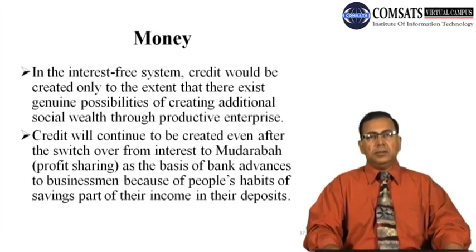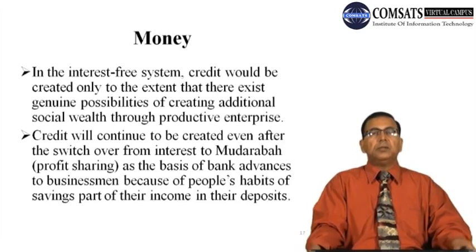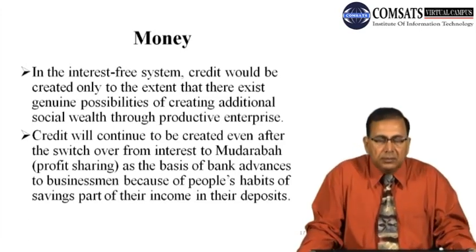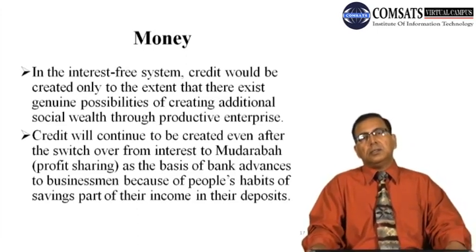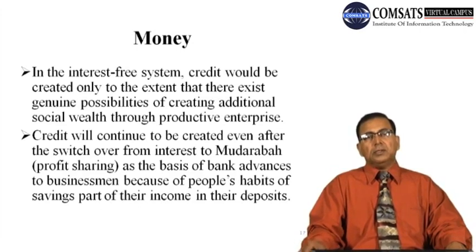This concept of money is neither similar to the Keynesian system of money demand, nor is it similar to the Friedman system. In the Keynesian system, the speculative demand for money is negatively sloped, and there is a very strong concept of liquidity preference, which ultimately turns out to be the liquidity trap in case of depression.